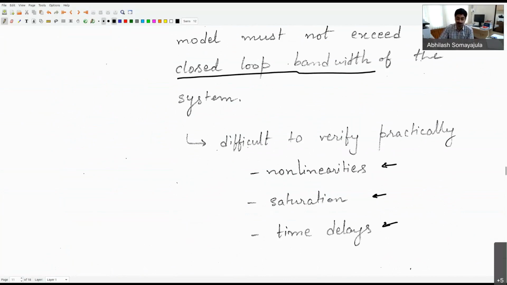When the system is no longer linear, this part of verifying the closed loop bandwidth has no meaning anymore because you can't apply linear theory anymore. Okay, so take it with a pinch of salt.